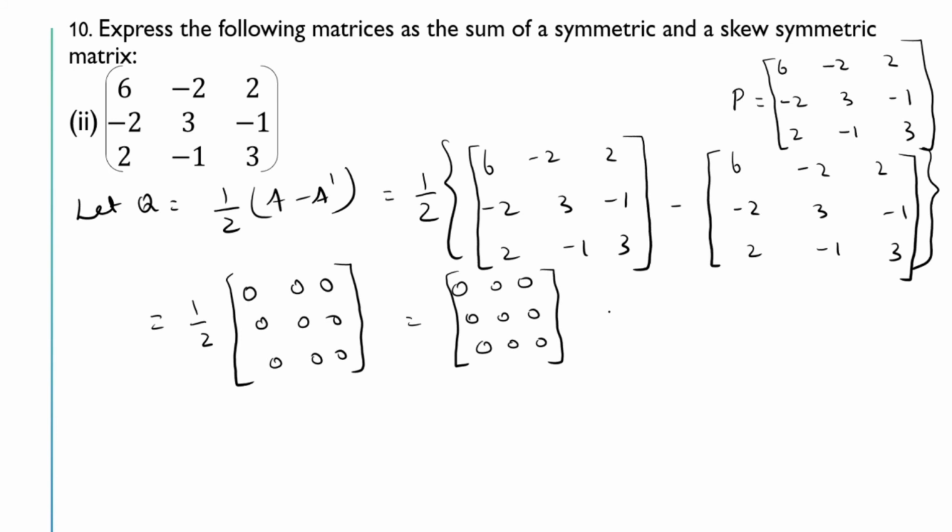Now we can see that Q transpose will also be a 0 matrix and it is equal to minus Q. Therefore, Q is skew symmetric.